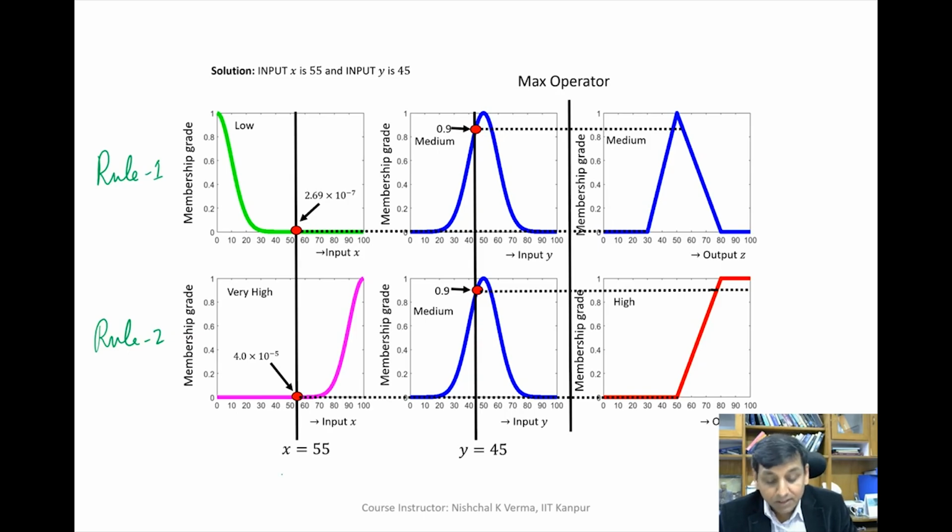as we have already done in the previous example, when we see the intersection points, these are computed here from the membership functions, mu x and mu y. So we see that we have two membership grades.